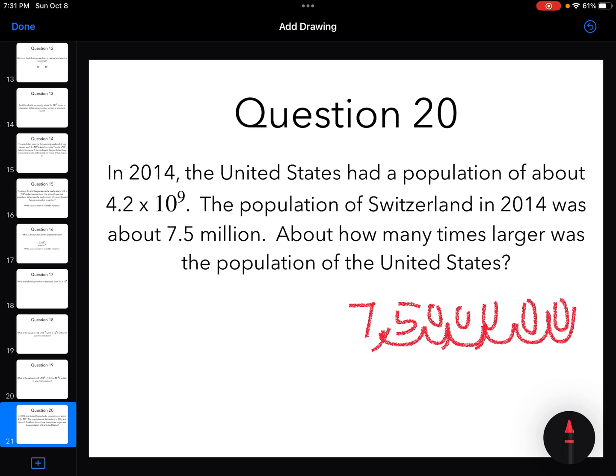So I added my zeros. That's 1, 2, 3, 4, 5 zeros when we're talking about a million. So we had to add 6 hoops after the 7.5. Okay, so let's rewrite that in scientific notation: 7.5 times 10 to the 6th power. And we've got 4.2 times 10 to the 9th power.